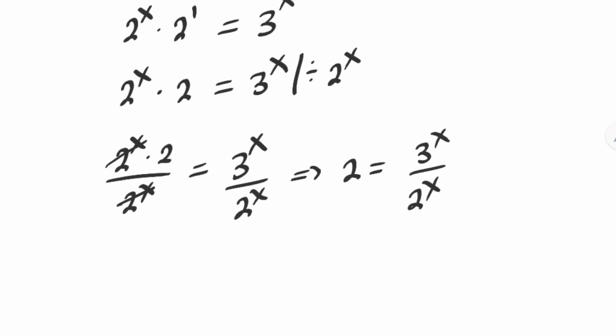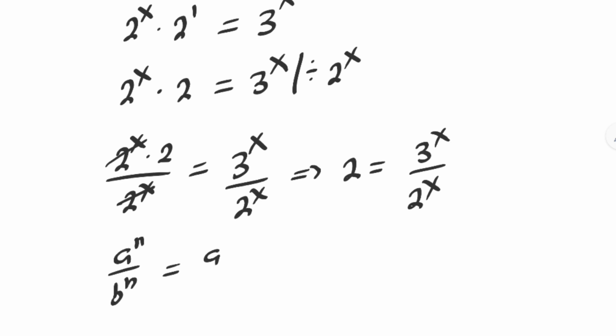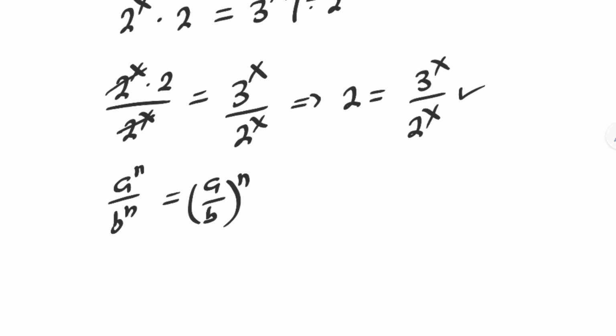Take note of this, that if you have a raised to power n over b raised to power n, this is equal to a over b all to the power of n. Then this can be written as 2 is equal to 3 over 2 all raised to power x.